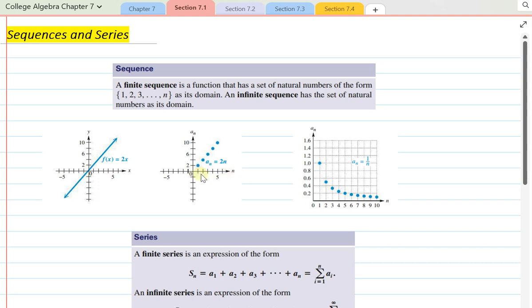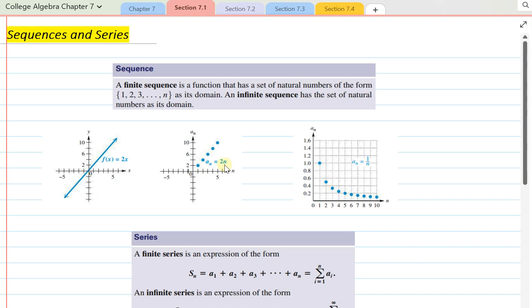So we no longer, for instance, allow for numbers like 1.4, 1.5, 2.7, things like that. So the domain of f of n equals 2n is going to be 1, 2, 3, 4, 5, and so on. And then, of course, you plug those numbers in.